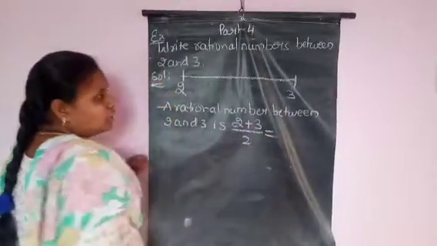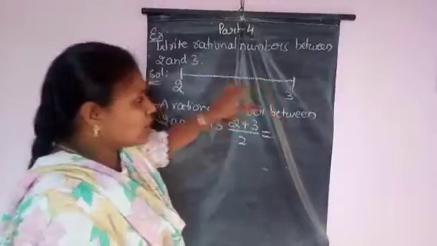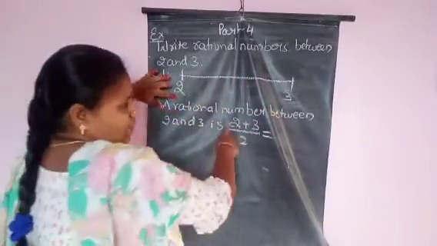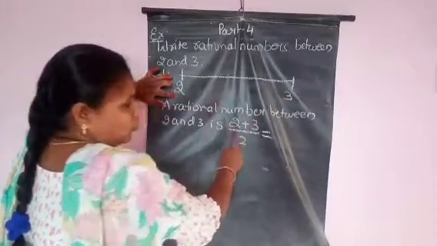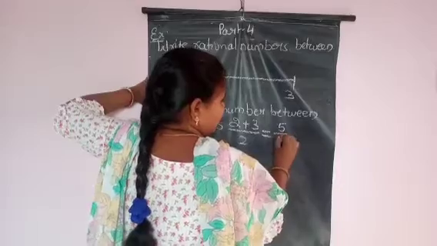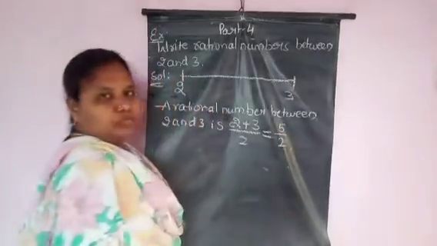As our general rule, for these two rational numbers we need to find between them, this number plus this number by 2. So it is equal to 5 by 2.